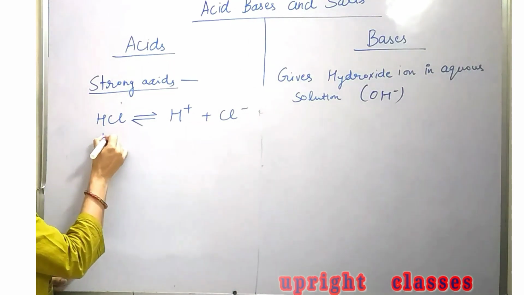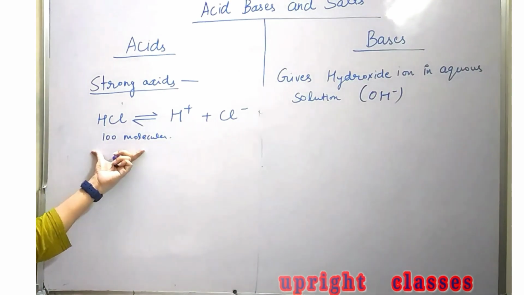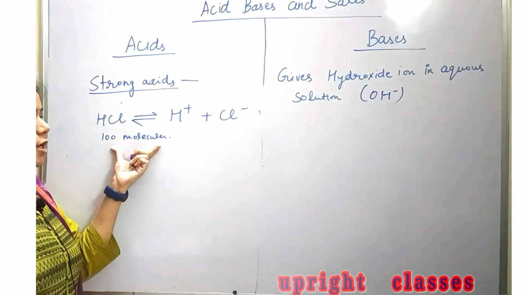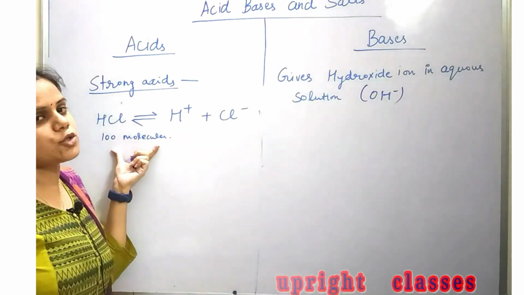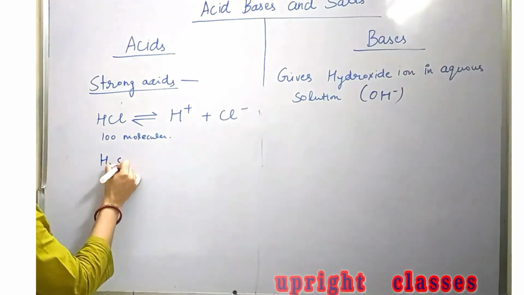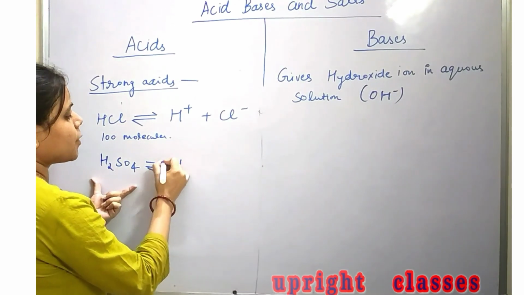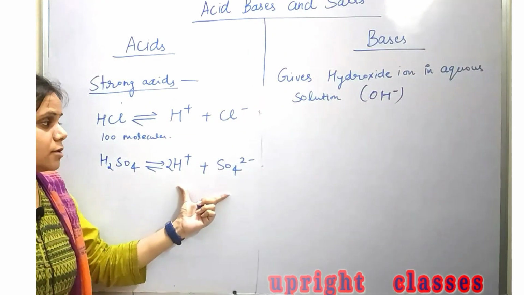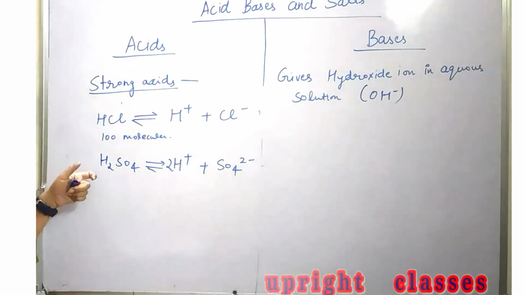Suppose I take 100 molecules of hydrochloric acid and mix them in water. They will completely dissociate, meaning all 100 molecules dissociate into H plus and Cl minus. That means it is a strong acid. Similarly, H2SO4, sulfuric acid, is also a mineral acid and completely dissociates into its ions, so it is a strong acid.